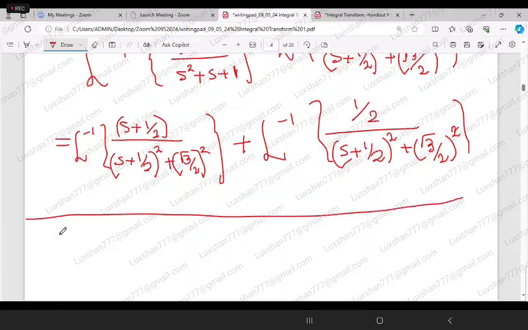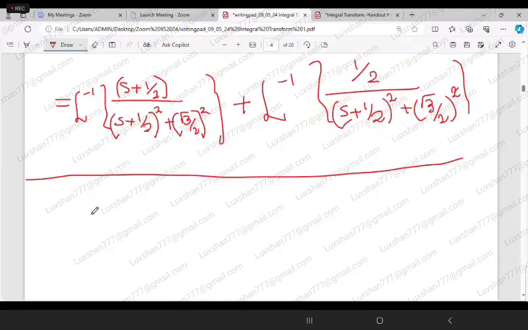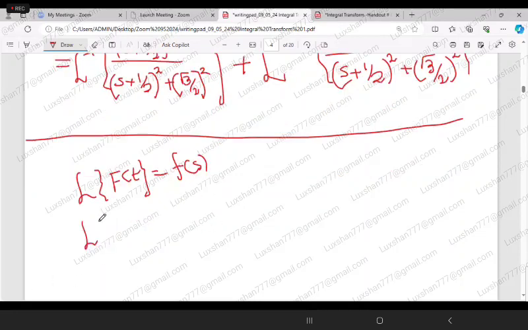First shifting property says that if L of f(t) equals F(s), then the Laplace transform of e to the power at into f(t) equals F(s minus a), isn't it?